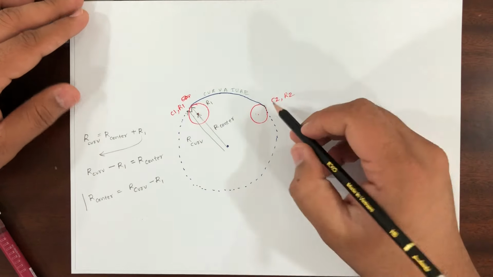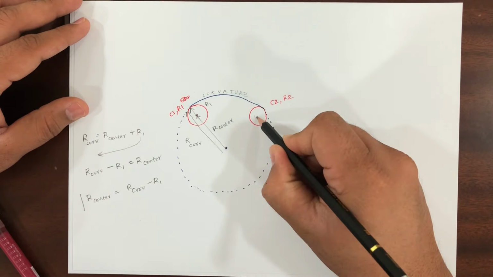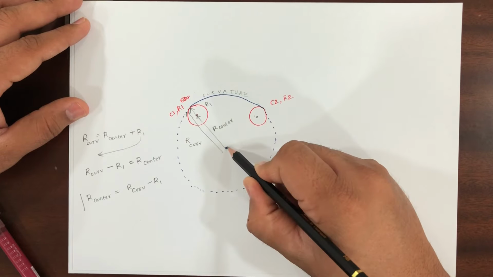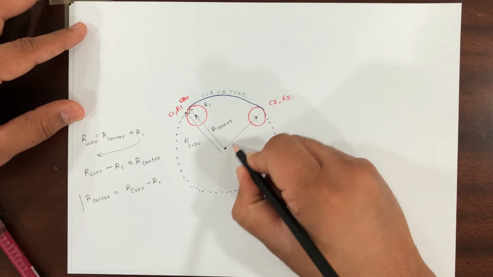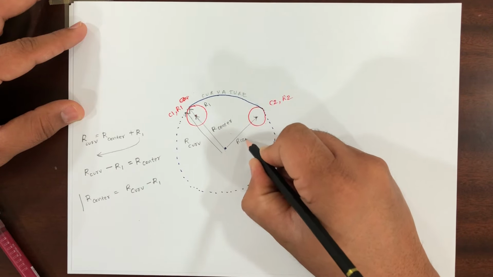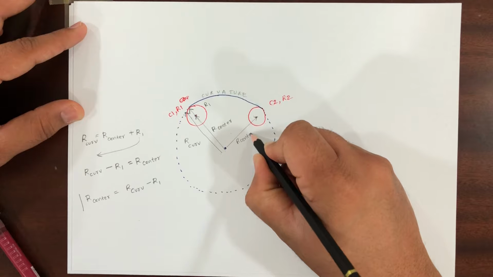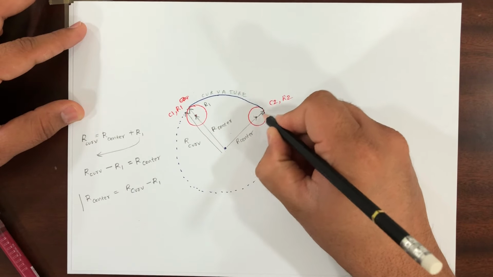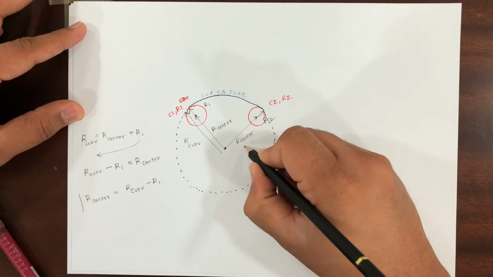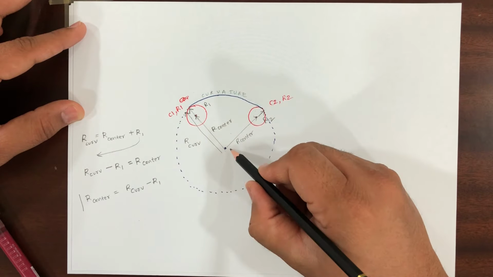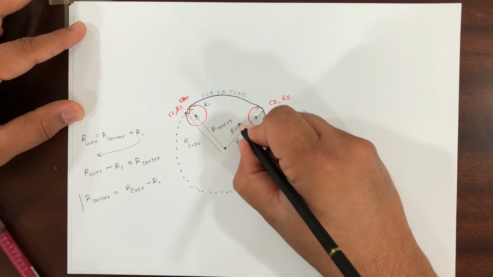Okay, now here similarly watch here. The distance between these two centers is how much? From here to here, it is R center, because this is center and this is also center, so the distance between centers is known as R center. And this is how much? From here to here, it is R2. So if you want the curvature from here to here, this is curvature, R curve.